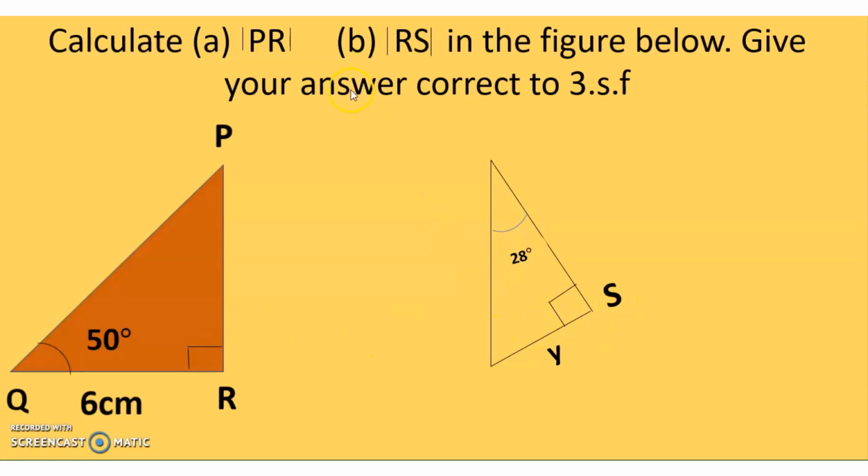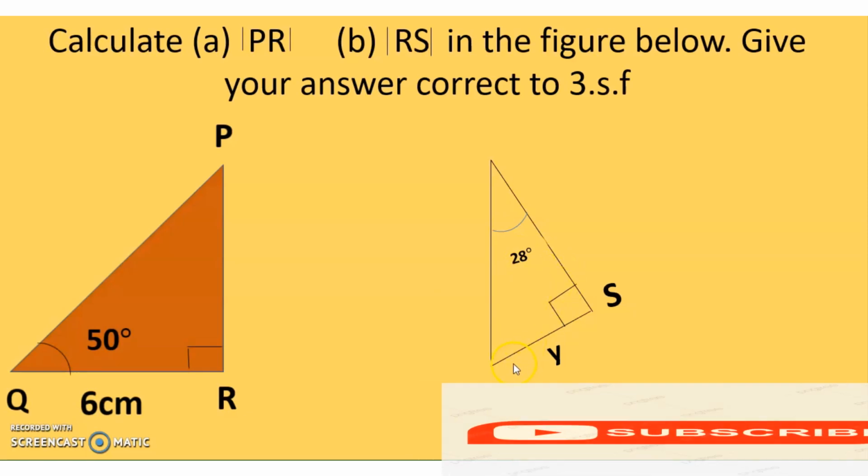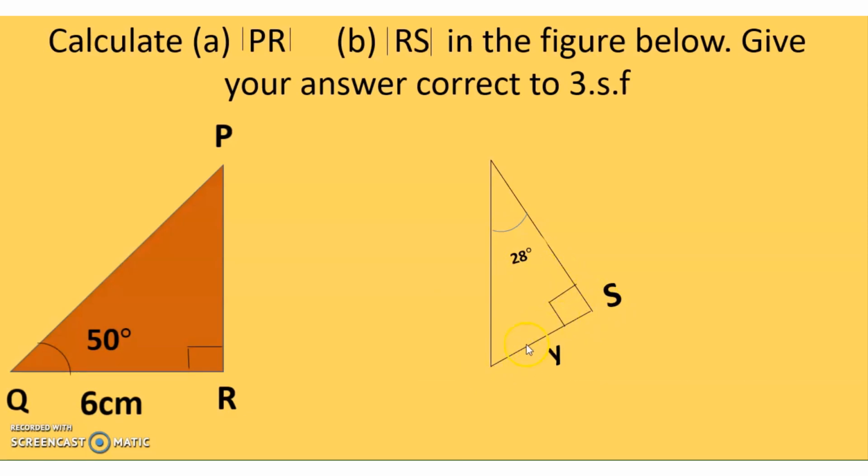Now, we are asked to find PR. The first triangle is having PR. The second triangle is having PR. Which of these triangles are we going to use to solve side PR? We cannot use this triangle here because there is no side given.